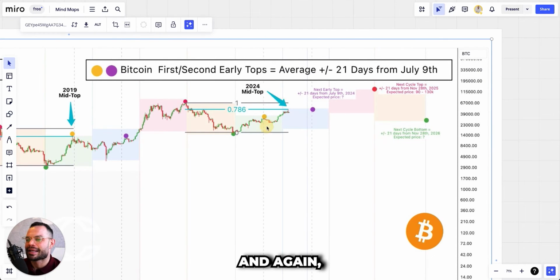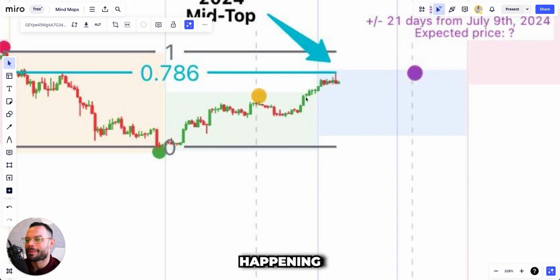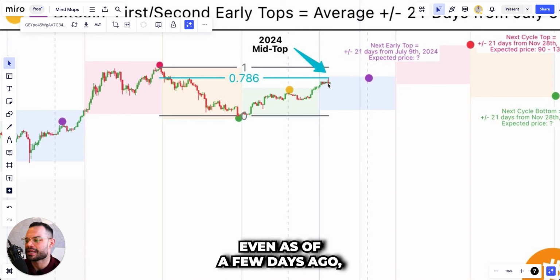And again, this slow and steady accumulation that was happening over the period of 2023, this chart is up to date as of a few days ago, but obviously even as of a few days ago, we've seen the recent drop in price for Bitcoin, going from 45k down to below 40k.